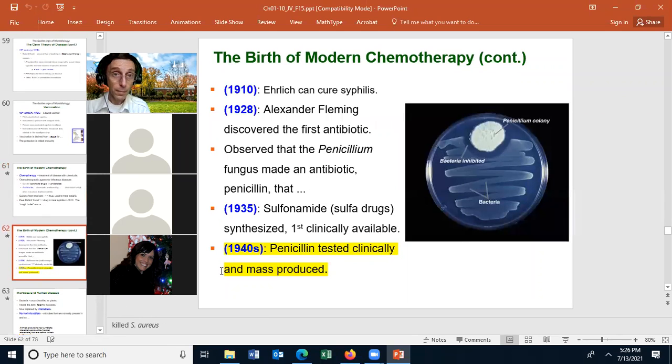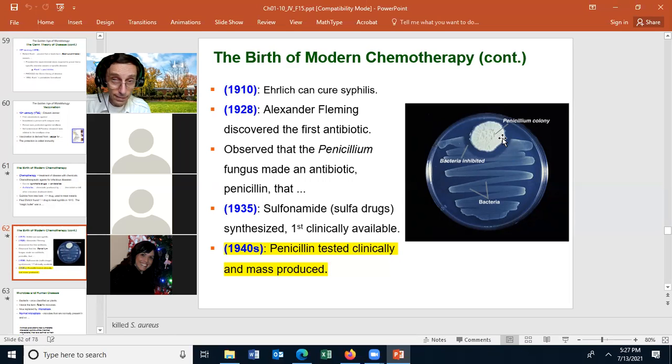The first discovery of antibiotics came with Alexander Fleming in 1928, and he was actually a sloppy microbiologist, and he got contamination of his plate. So he streaked out the bacteria on his plate and then came and looked at it later, and he saw that a fungus was contaminating the plate.